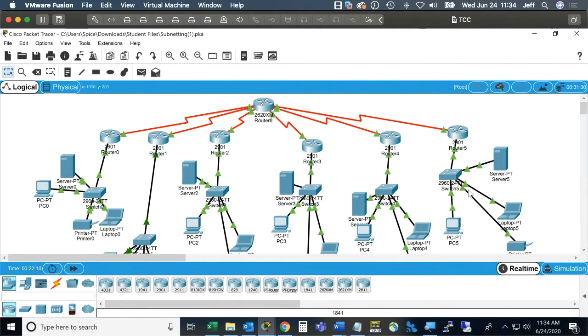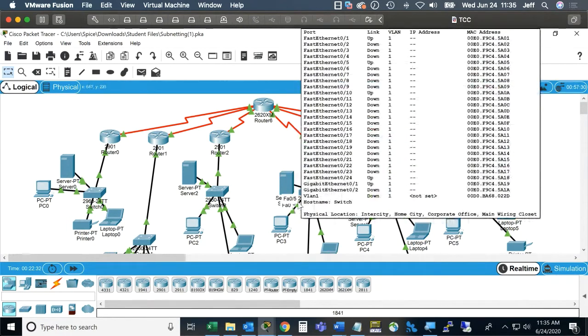And so it would make it easy to address these, because think of the subnet as creating streets, right? So this one lives on First Street, this is on Second Street, this is on Third Street, this is on Fourth Street. So it's a way to be able to find it.